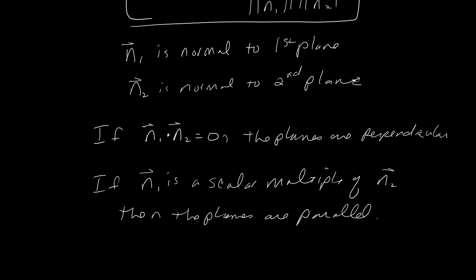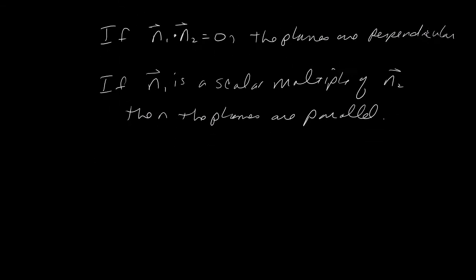All right, so if we have two planes intersecting, it makes sense that the next question would be, well, what is that line of intersection? So let's do an example so that you can see kind of how we find that line of intersection. So we'll take this opportunity to find both the angle and the line of intersection.